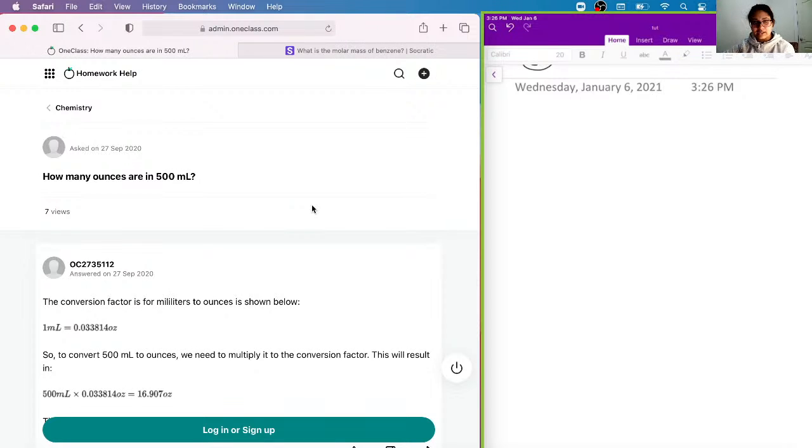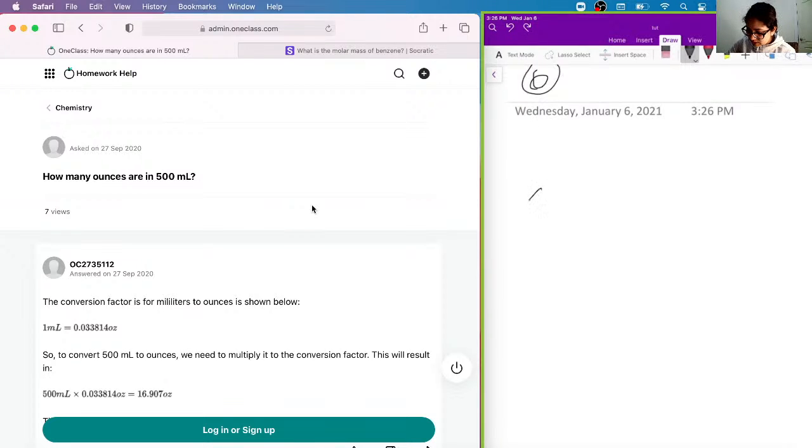And so the conversion factor for milliliters to ounces is given by, 1 milliliter is equal to 0.03381 ounces. Okay, and so basically this is just the conversion unit, right? You can't really derive this. It's actually given.